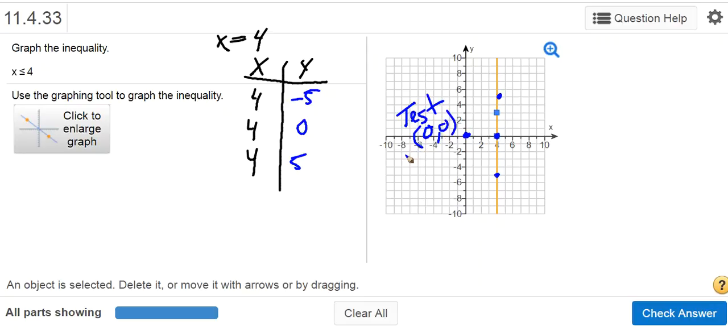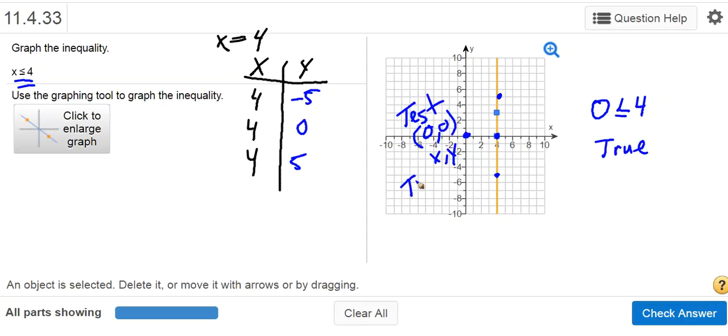Notice how there's 2 zeros here. But remember, one's an x and one's a y. Since my inequality only has x's in it, I just pick my x value. So is 0 less than or equal to 4? Is that a true statement? And we notice that yes, that is true.